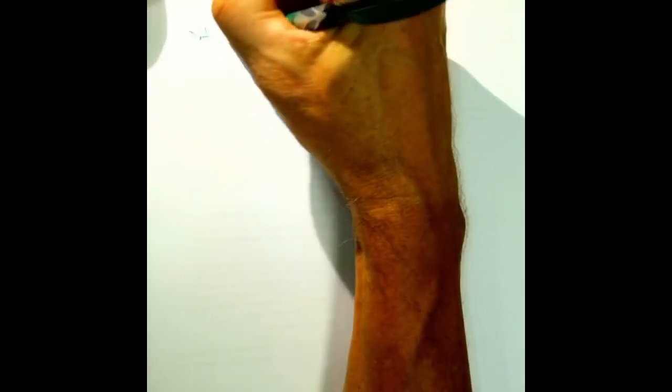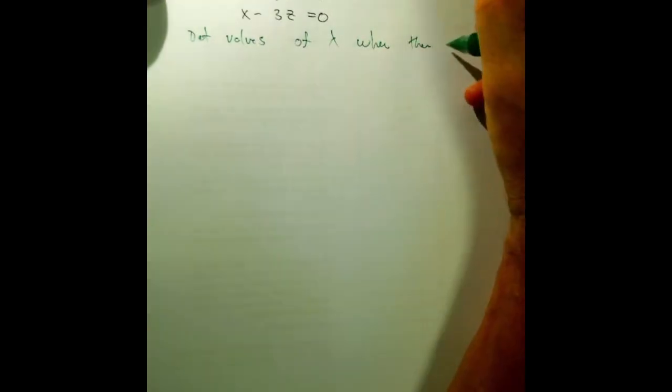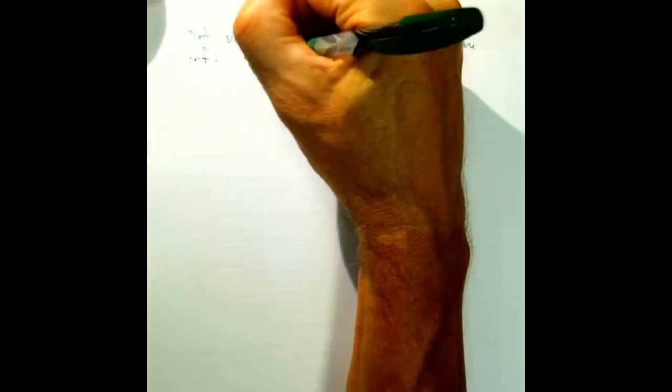I also have 2x plus 4y plus z is 0. And I have x minus 3z is 0. And what I would like to be able to do is determine the values of lambda where there are infinite solutions.